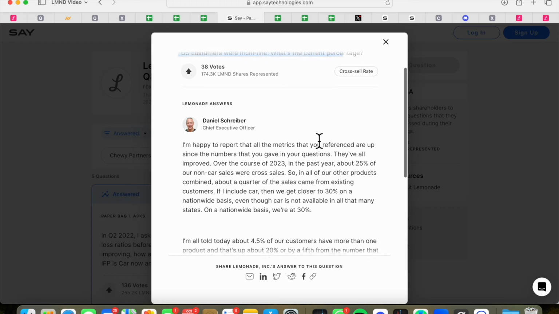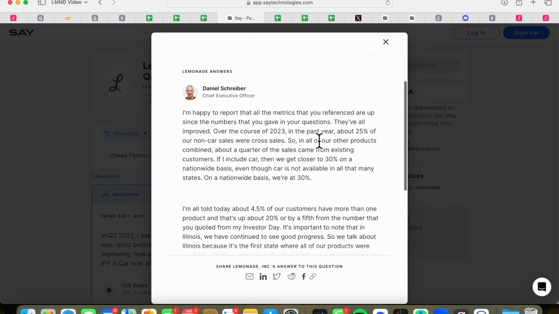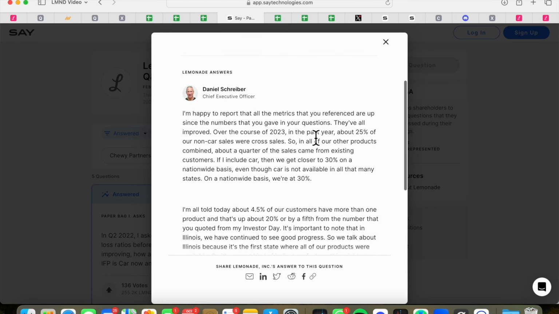Daniel gave this really, really great answer. He said, hey, over 2023, about 25% of non-car sales were cross-sells. So in all our other products combined, about a quarter of the sales came from existing customers. If I include car, then we get closer to 30% on a nationwide basis, even though car is not available in many of the states.